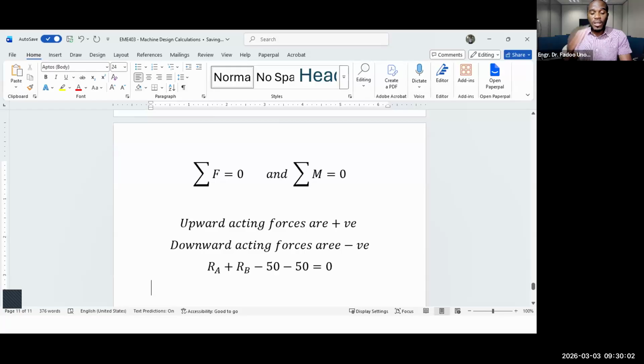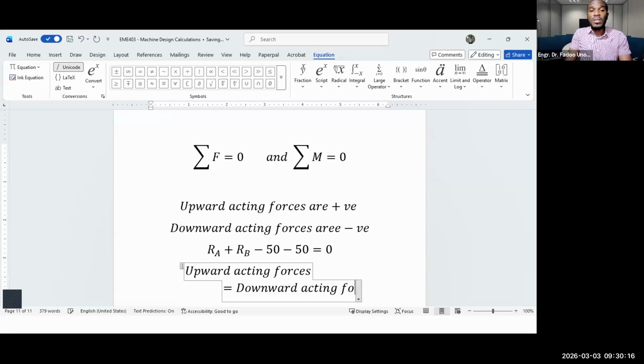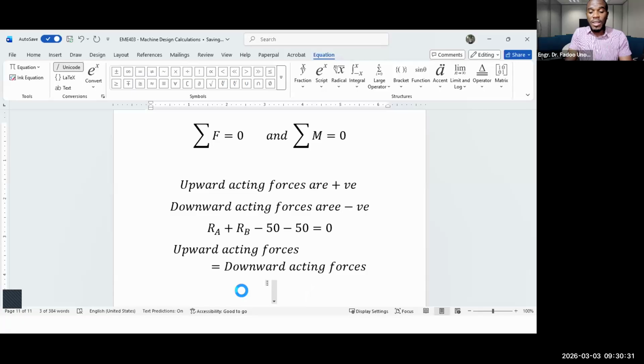We could have equally said, to get the same thing, that upward acting forces must equal all the downward acting forces. If we went with that, we would have arrived at the same thing, a step ahead of where we are at this point. So the reaction forces at point A plus the reaction forces at point B must equal the forces that are acting downwards, which is 50 plus 50.